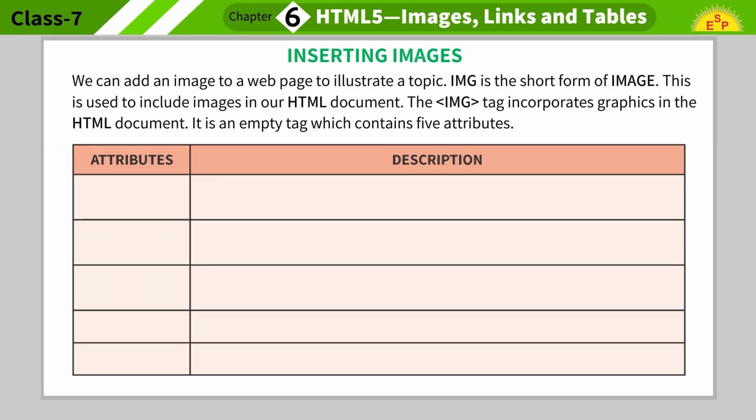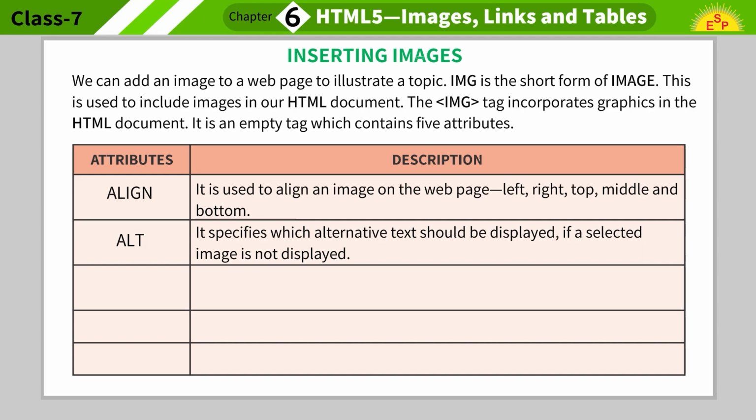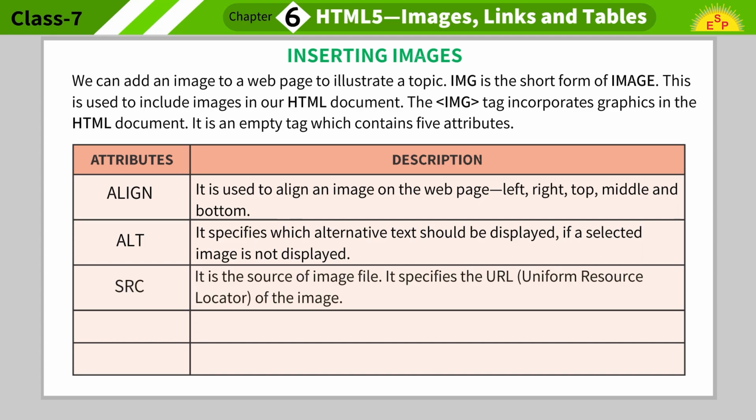Attributes and description. Align: it is used to align an image on the web page, left, right, top, middle and bottom. Alt: it specifies which alternative text should be displayed if a selected image is not displayed. SRC: it is the source of the image file.